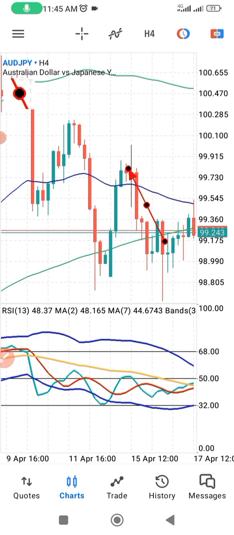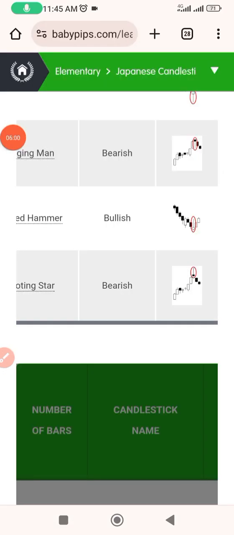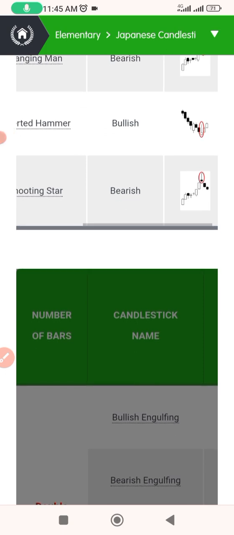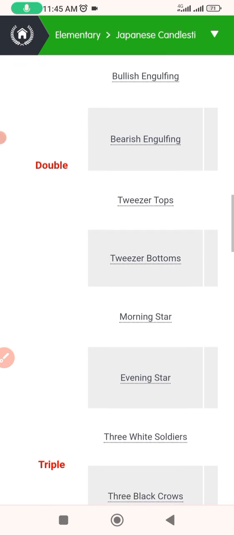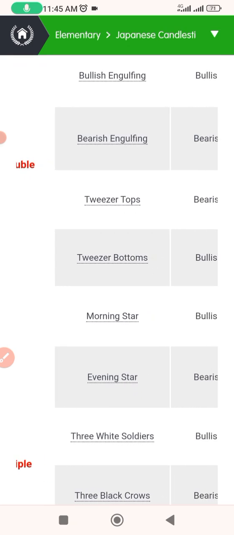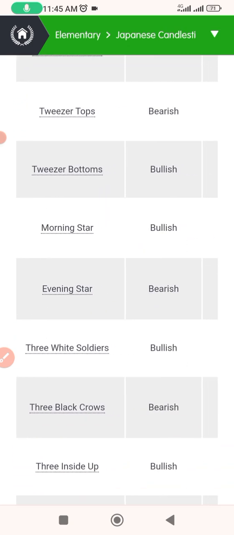After this pullback, the price is here, and we have another candlestick pattern that is being formed here. And what is the candlestick pattern that is formed here? Let's confirm. The candlestick pattern formed on our chart is an evening star. So let's look for our evening star, which is among the double candlestick patterns.